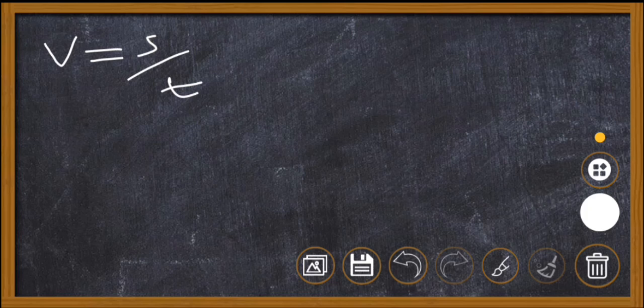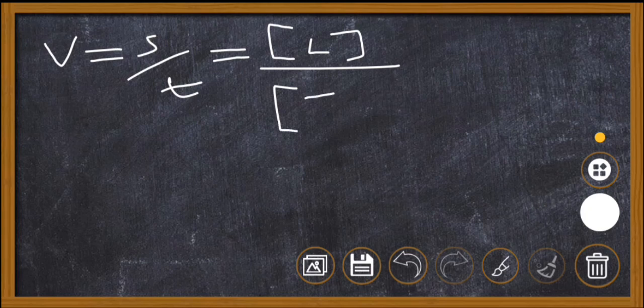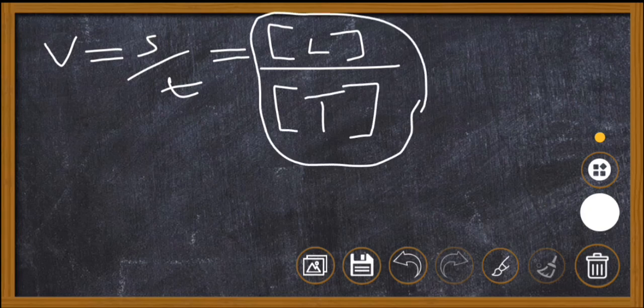Now, for distance, what dimension are we going to use? Distance is represented by length, and length in our case was represented by capital letter L. So where there is distance, that is s, we are going to replace it with L, and where there is time, we are going to replace it with T. So this is the dimensional analysis for speed.